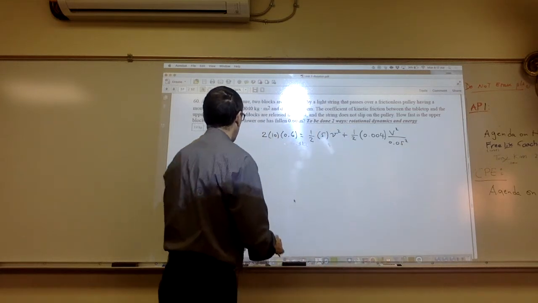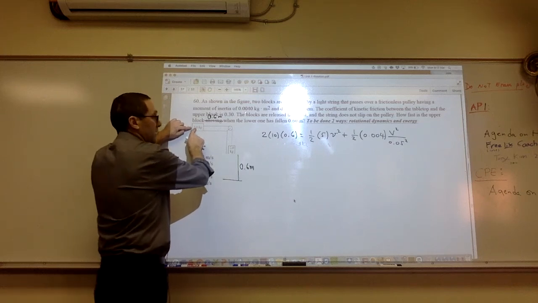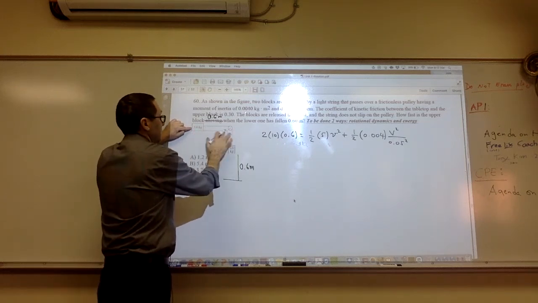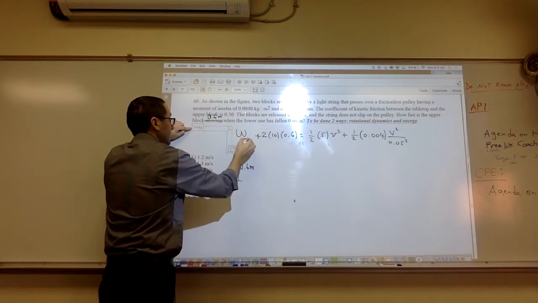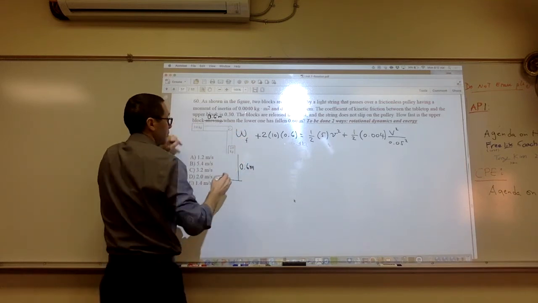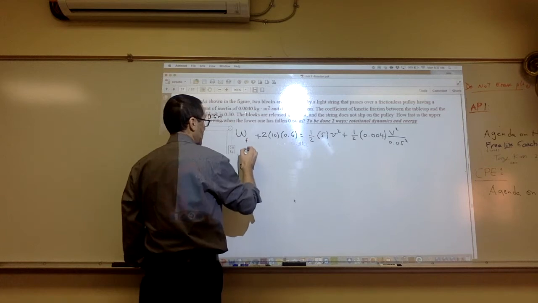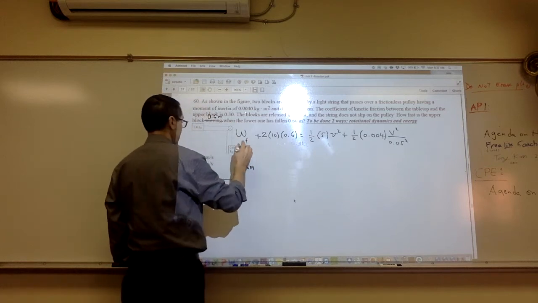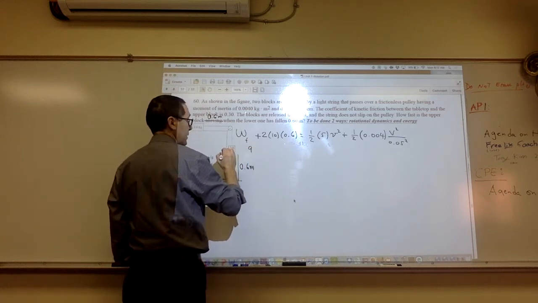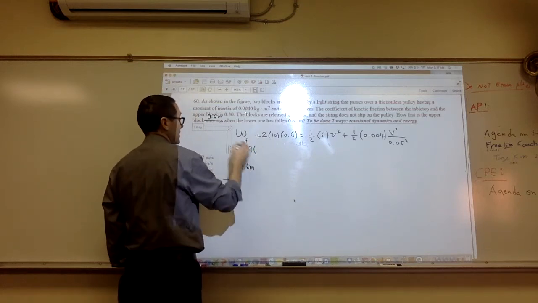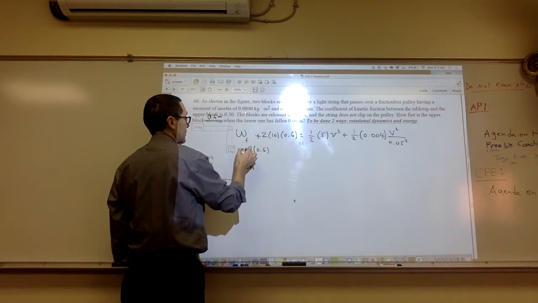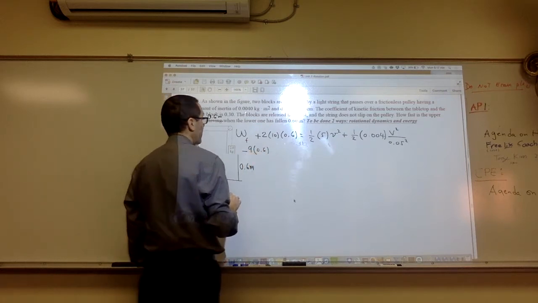Okay. But here initially we had friction. I think it says that there is a coefficient of friction. So we have to add the work done by friction. Now, how do we find the work done by friction? Well, I think that's just going to be the force of friction, which I think we found to be 9. So force of friction times the distance traveled, cosine of 180.